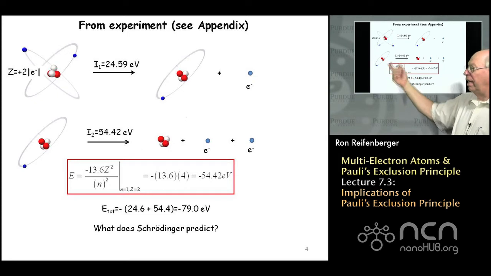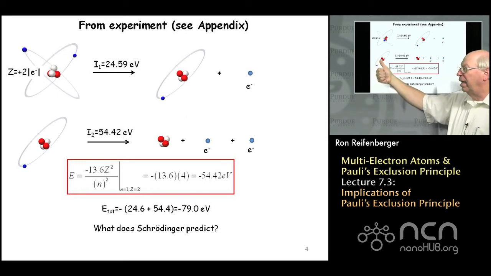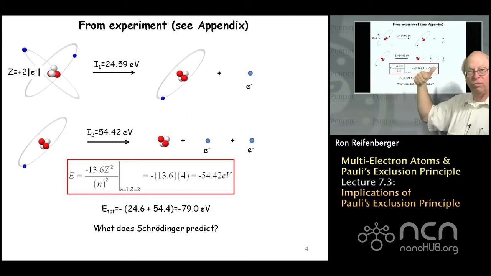After you pull out one electron, you've got one electron left. This one electron is bound to the two protons. Removing this electron from these two protons requires considerably more energy because this electron is now strongly attracted to this +2 charge.